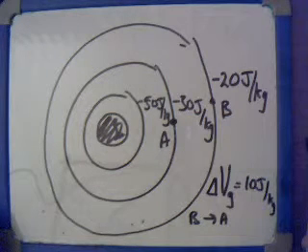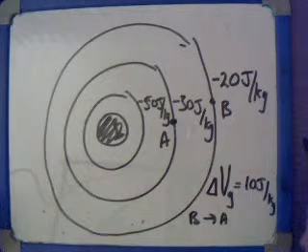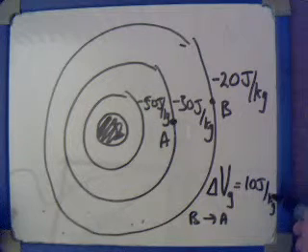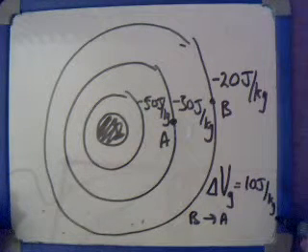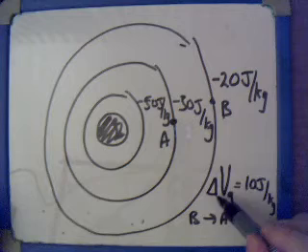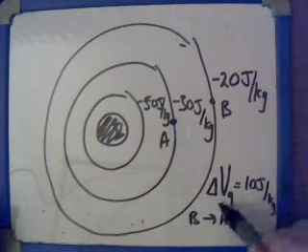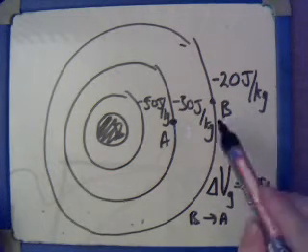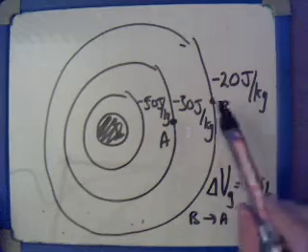The potential has, if you like, become increasingly negative by 10 joules per kilogram, and that is the difference. So that's the change in potential. So what is the loss in potential energy as it goes from B to A?